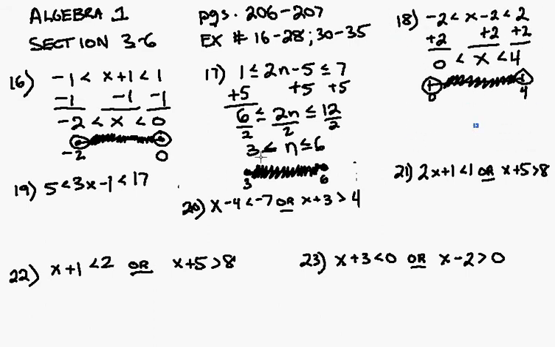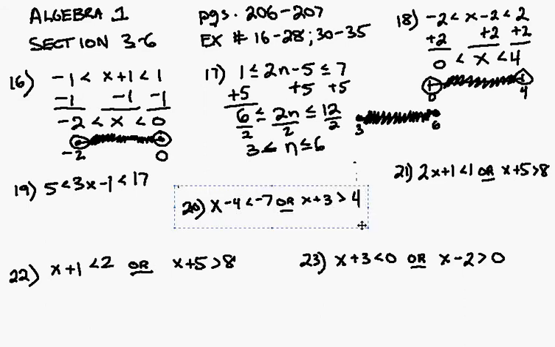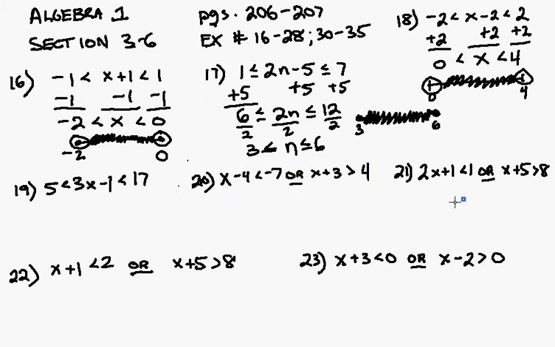That's 18. We're going to put this over here so that we have room. You can bring this back up. Okay. Going to 19. Here I'm going to add 1 to all sides of the inequality. So I have 6 less than 3x less than 18, and divide all sides by 3.